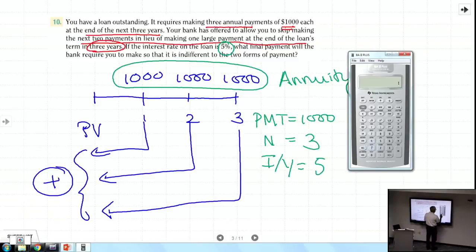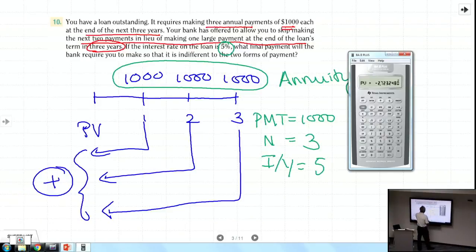So I'm going to enter 1,000 as my payment this time, not future value. Since it's an annuity, same amount in each of the next 3 years. That makes it an annuity, so I enter that as a payment. N is 3, IY is 5. I'm going to compute present value.